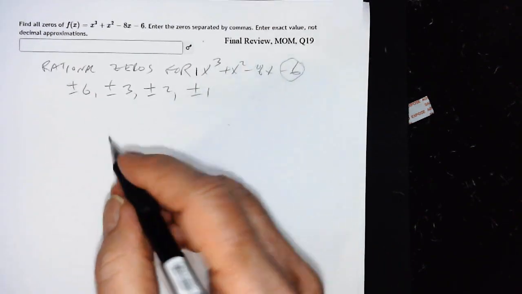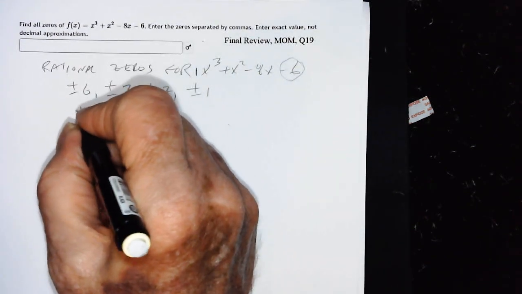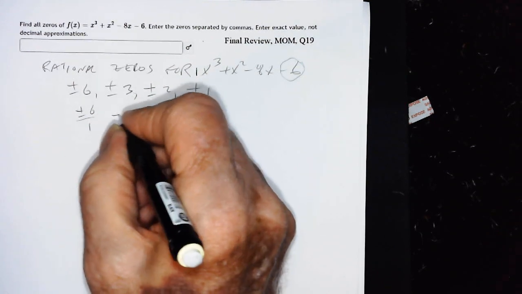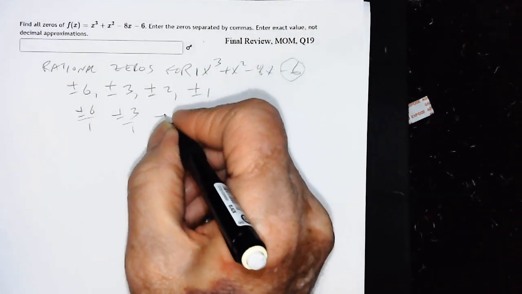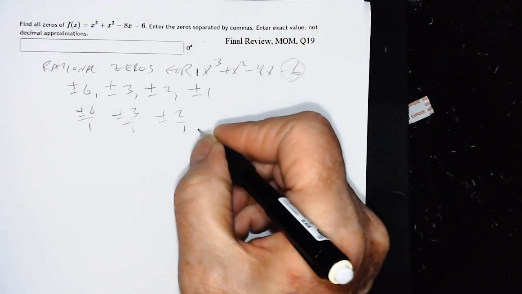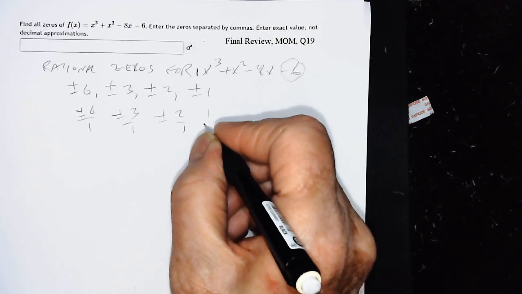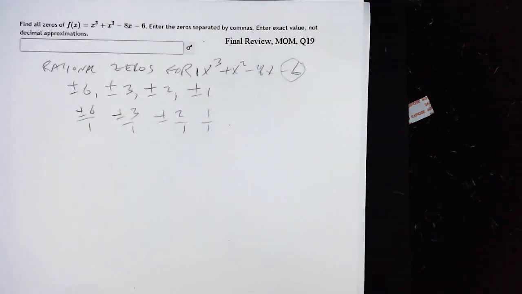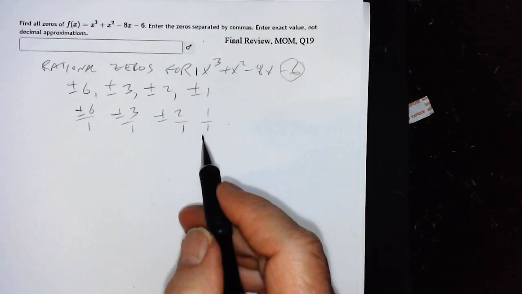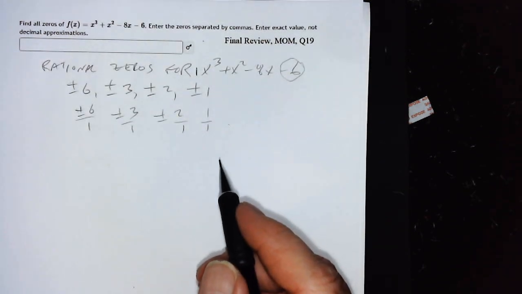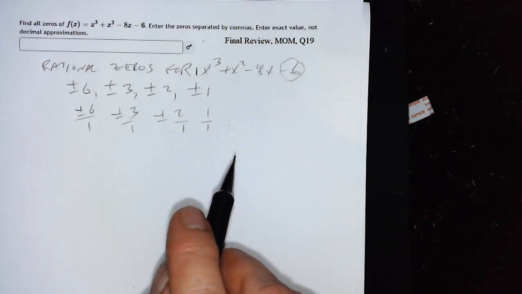So these are really fractions like plus or minus 6 over 1, plus or minus 3 over 1, plus or minus 2 over 1. But I don't want to go into any more detail about that because, as I say, that's explained in the video for question 18. And I'm already up to 2 minutes here.